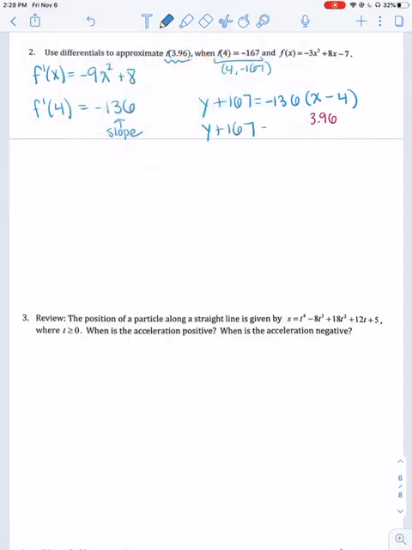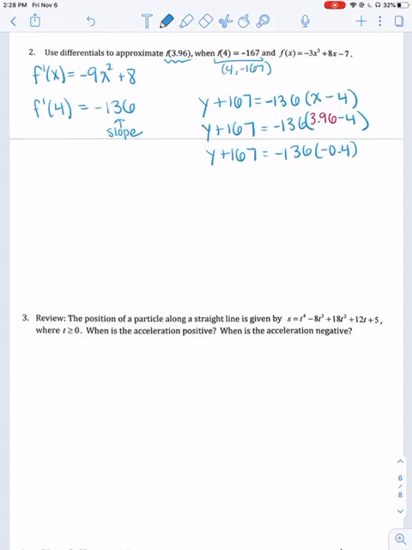And so now I end up with this. And then I'm getting negative 0.4, and then you would multiply those, and I think you get, here, let's just double check, times 0.4.